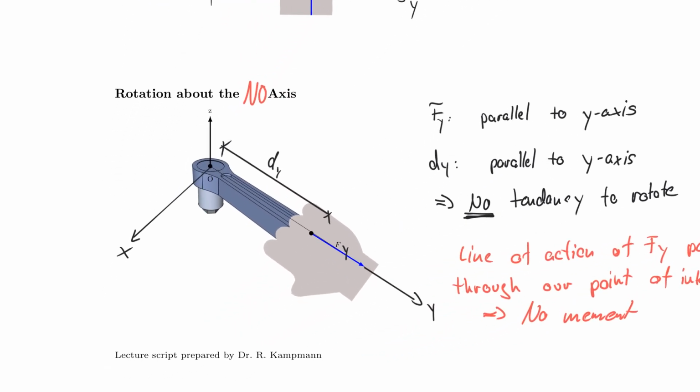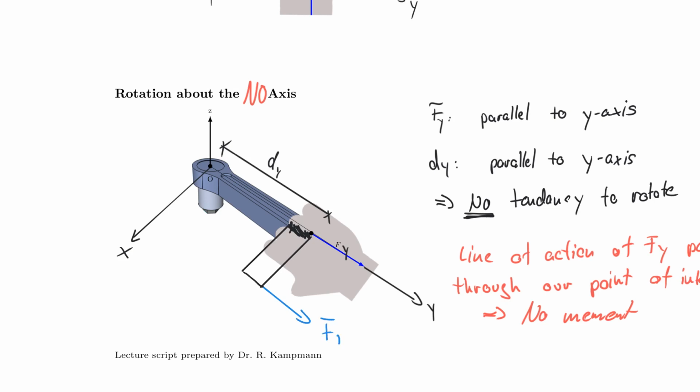If, for example, I were to weld something to my wrench here, let's say I weld an extension to it here, and of course you have to imagine that the hand is gone there, it's welded to the system now, and now I'm going to add the force Fy, but I make it attack here.